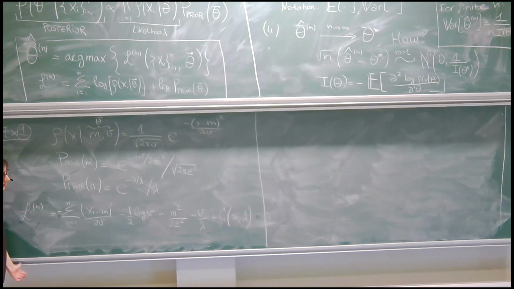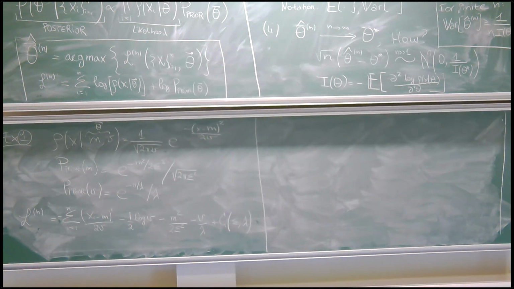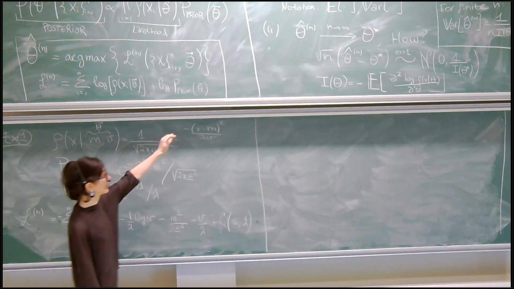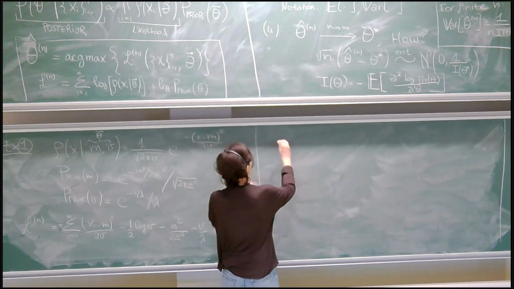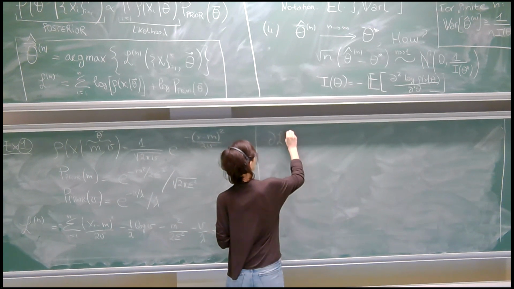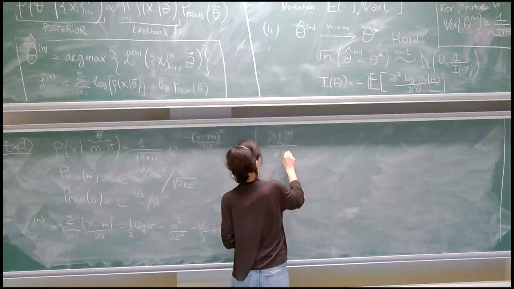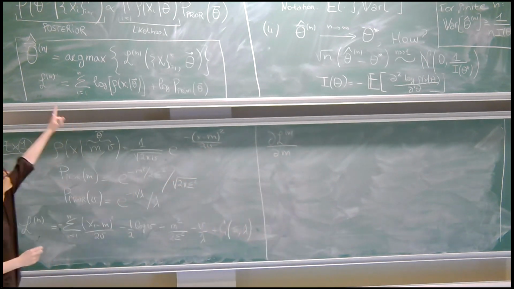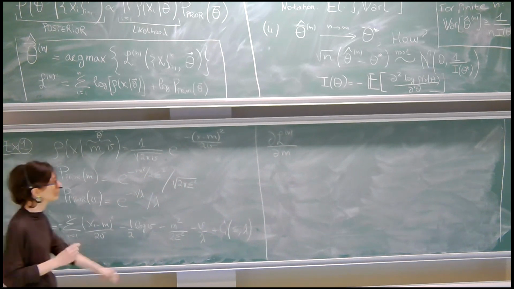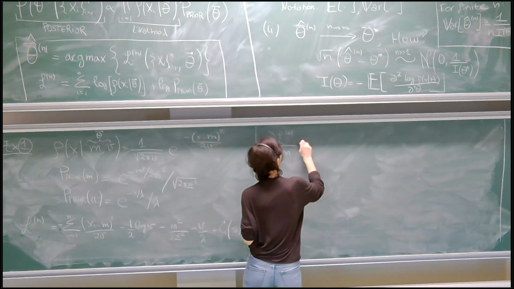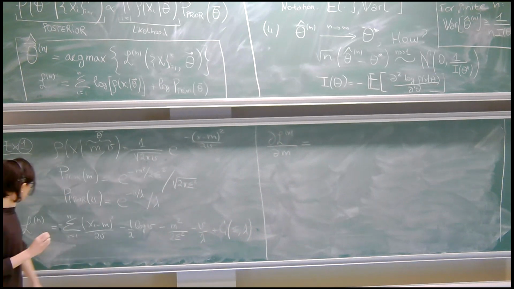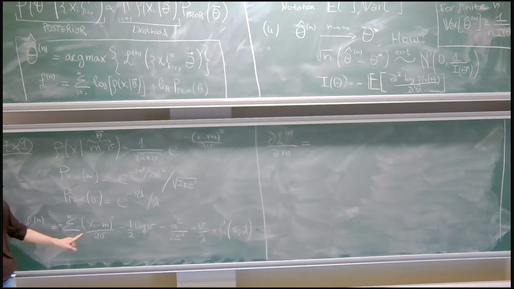Now this depends on 2 parameters, and I have to take the derivative with respect to both. So let's start from m. Let me take the first derivative of the likelihood with respect to m. Why should I take the derivative? Because I want to maximize, so I look at stationary points. And if I do this, what do I get? I have a minus that will cancel with the minus coming from the derivative over m.